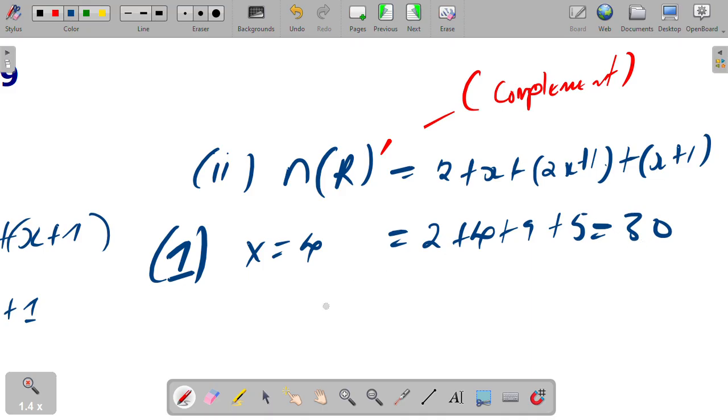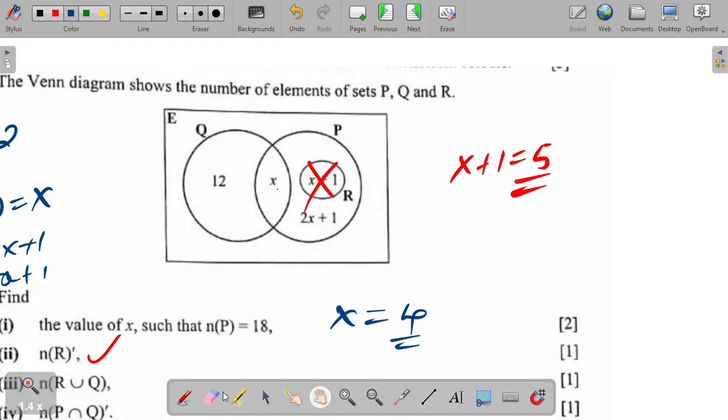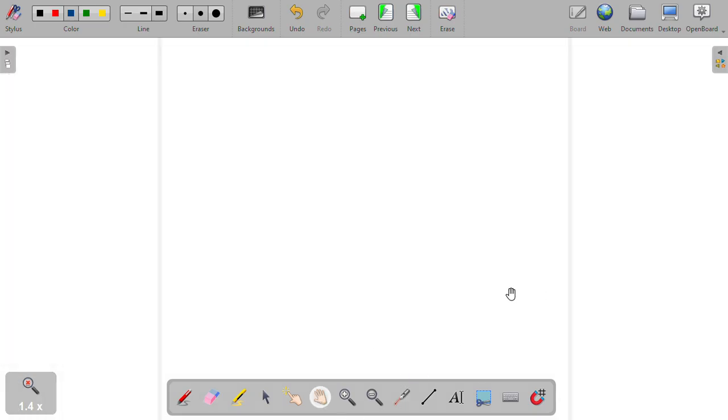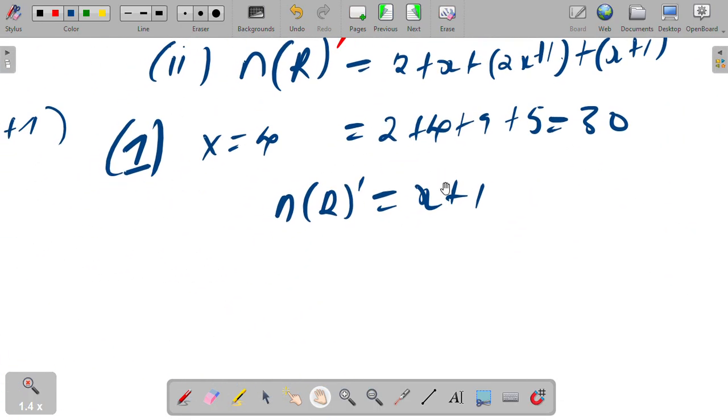Okay, now we know that the number of elements in R complement is equal to x plus 1 taken away from our total, which is 30. This is the first method.